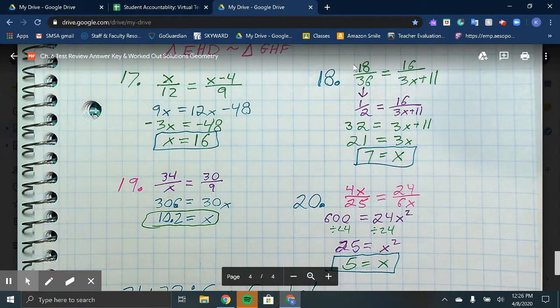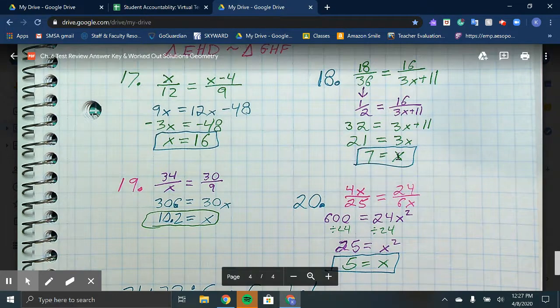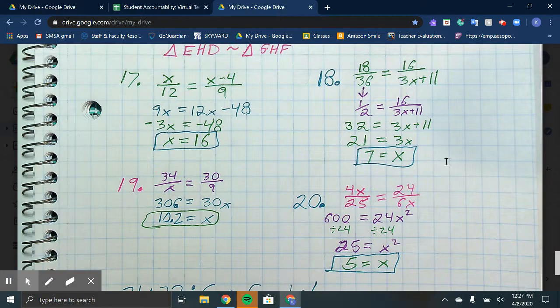Before I cross multiply, I realize 18 over 36 is the same as 1/2. Then cross multiply, so 32 equals 3x plus 11. Subtract 11, 21 equals 3x. Divide by 3, and 7 equals x.